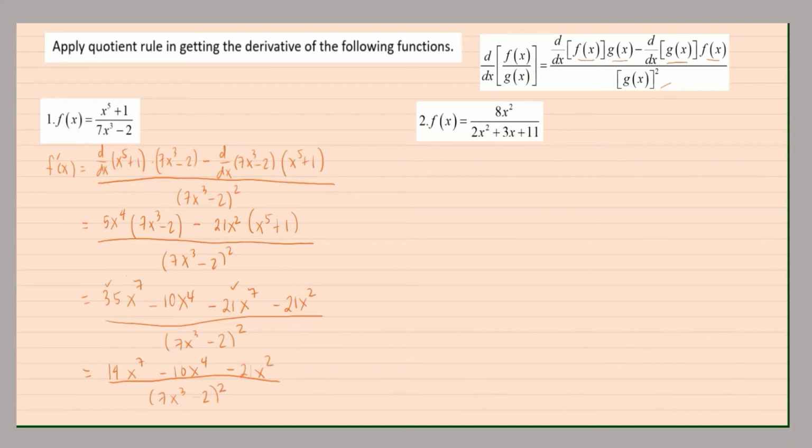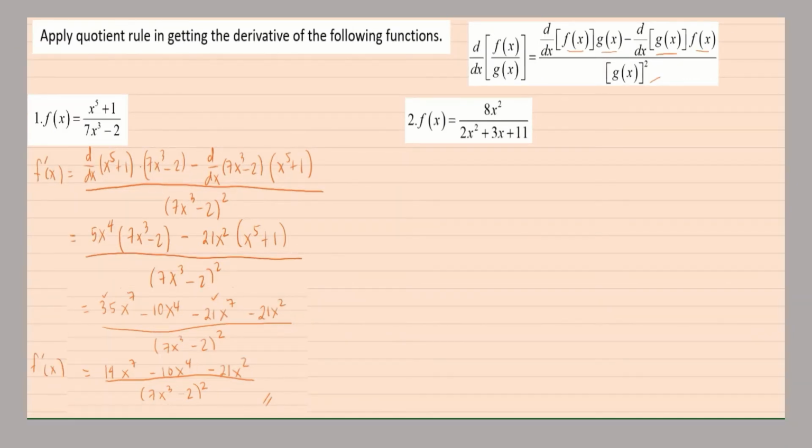So the derivative of f of x equals x to the 5th plus 1 over 7x cubed minus 2 is 14x raised to 7 minus 10x raised to 4 minus 21x squared all over 7x cubed minus 2 quantity raised to 2.